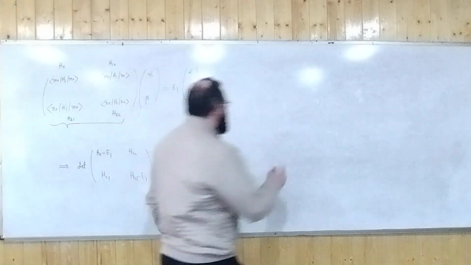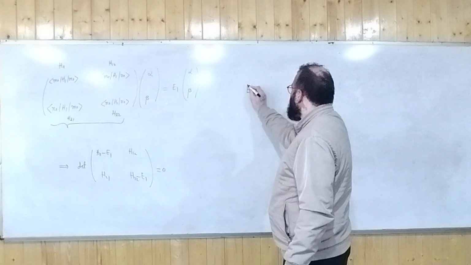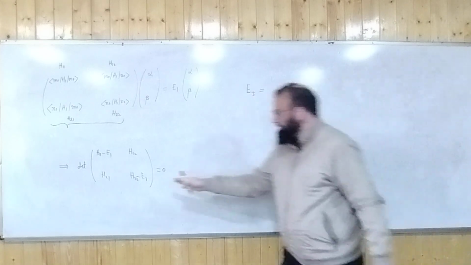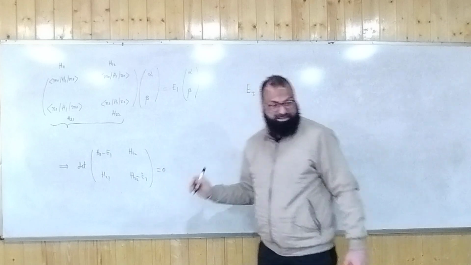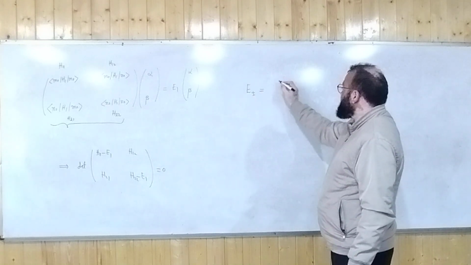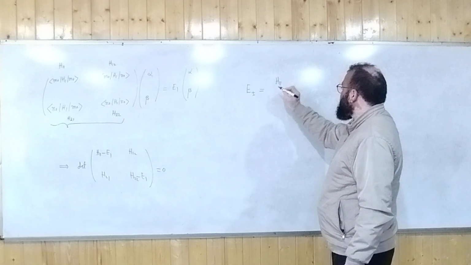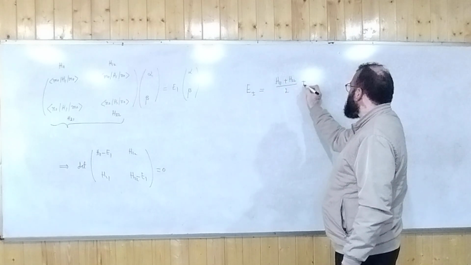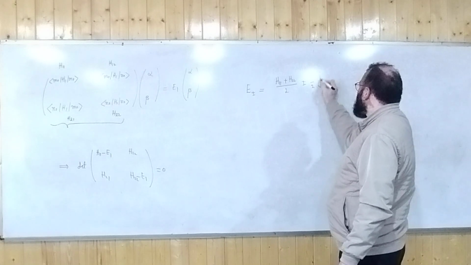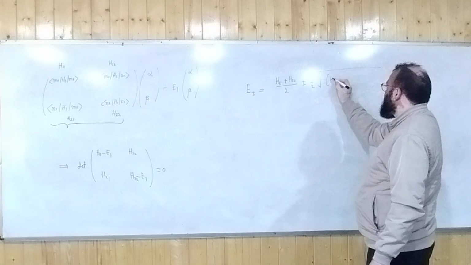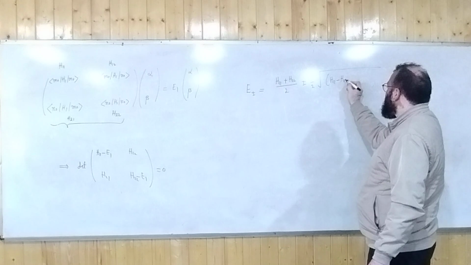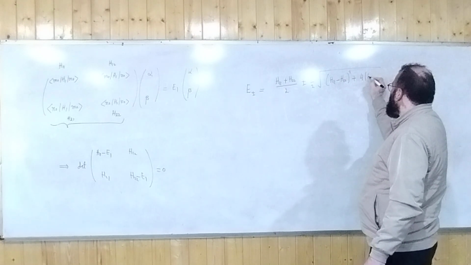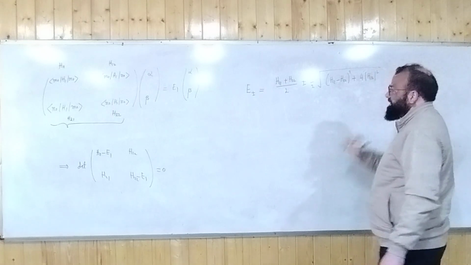You'll get two values of E, let me write them as E plus minus. Can anyone tell me? It is (H11 plus H22) by 2 plus minus 1 by 2 times the root of (H11 minus H22) whole square plus 4 mod of H12 square.